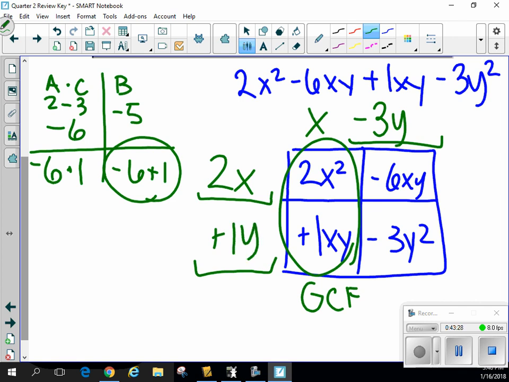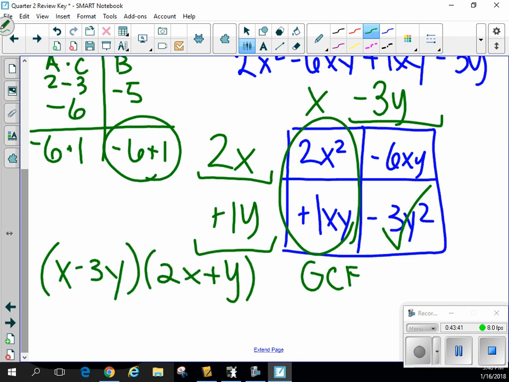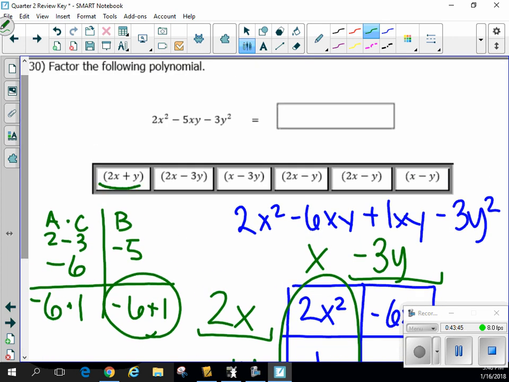Double check negative 3y times 1y gives me negative 3y squared. It sure does. So your factors here are x minus 3y and 2x plus y. So up here at top, you would circle 2x plus y and x minus 3y.